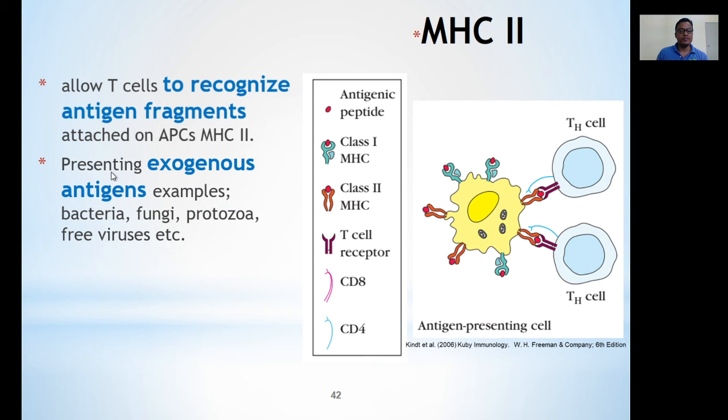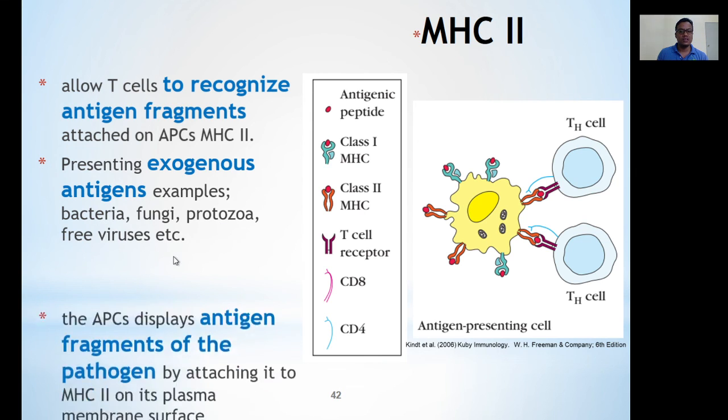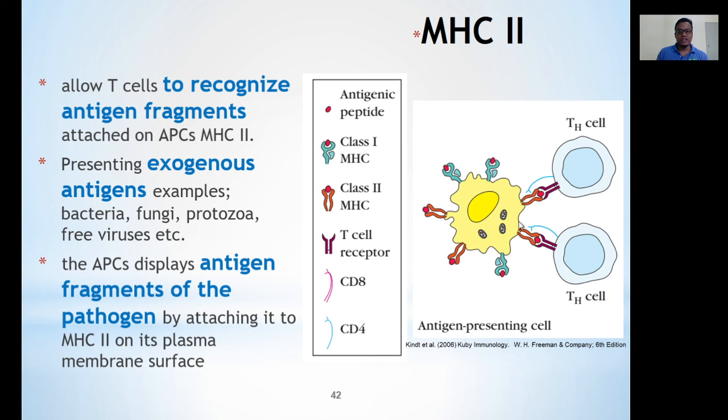APCs present exogenous antigens such as those coming from bacteria, fungi, protozoa, free viruses, etc. The antigen presenting cells will display the antigen fragments of the pathogen by sticking them to the MHC class 2 on their plasma membrane surface. So this is how they display the processed antigen.